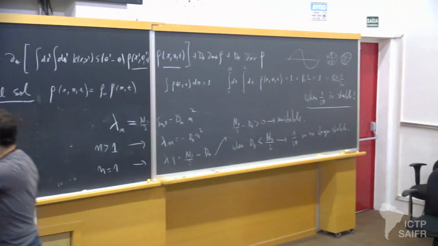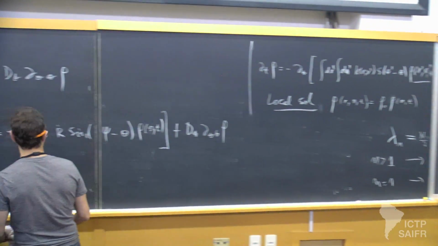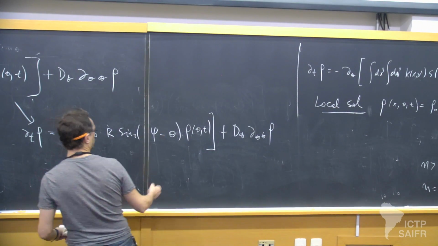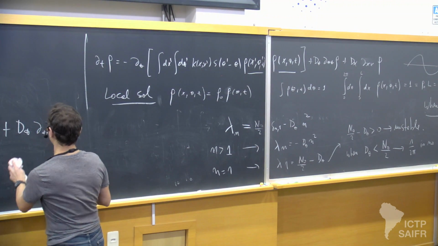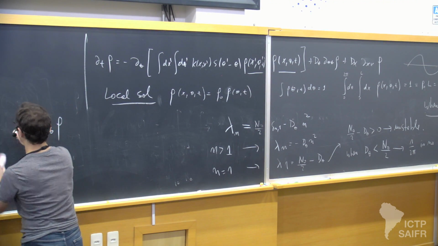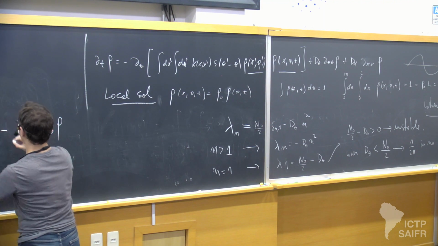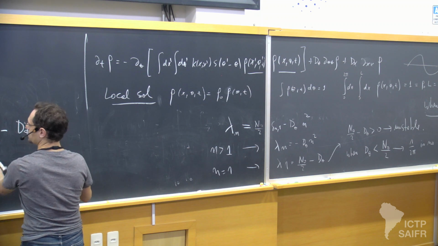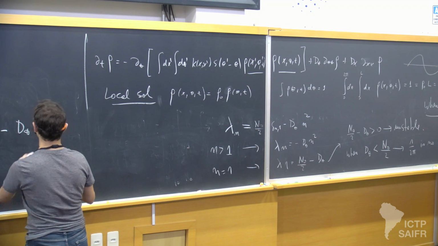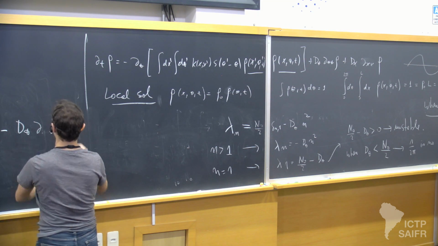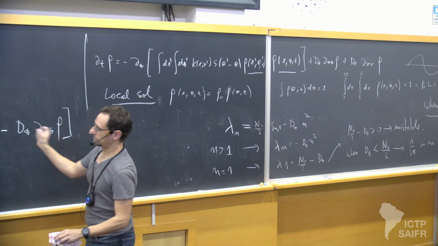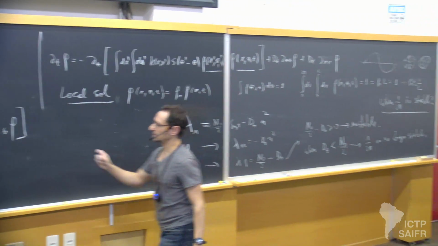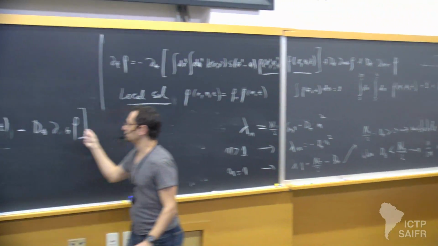And now what we can do is quite easy. Suppose that this one, let me write it this way. So this is the same as before, right? I'm taking the derivative with respect to all of this.